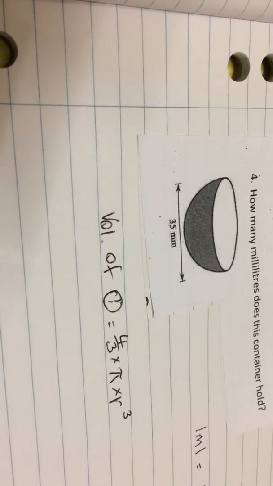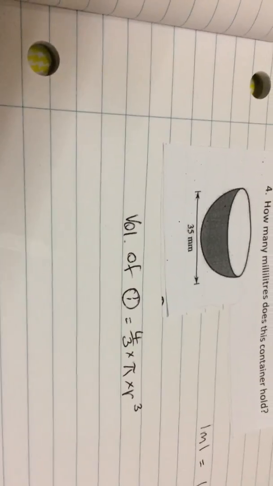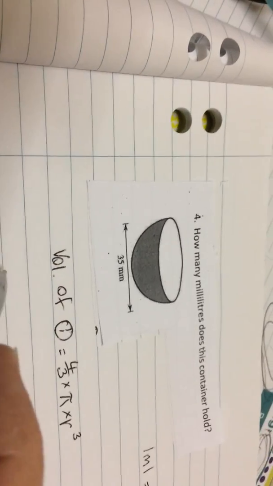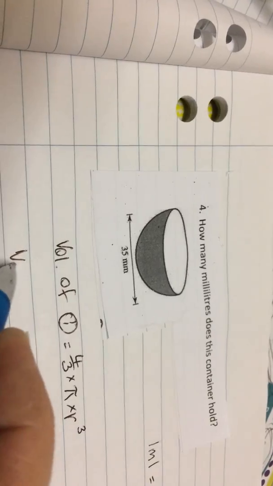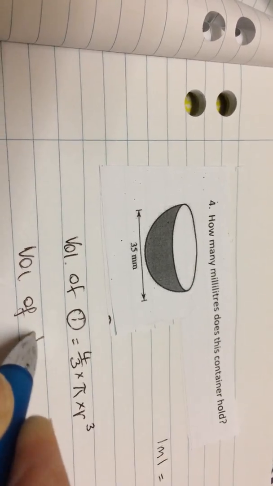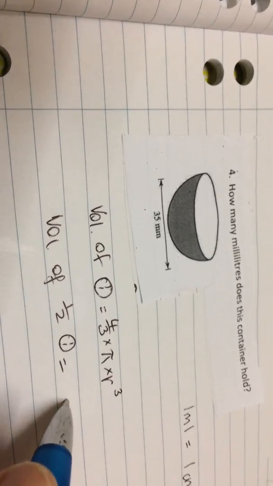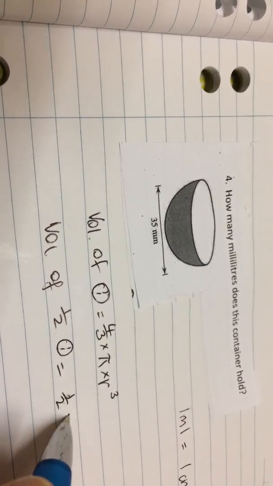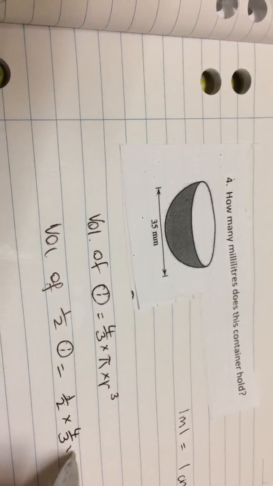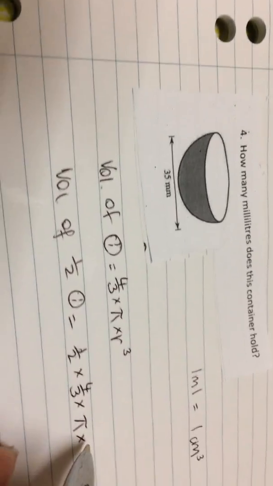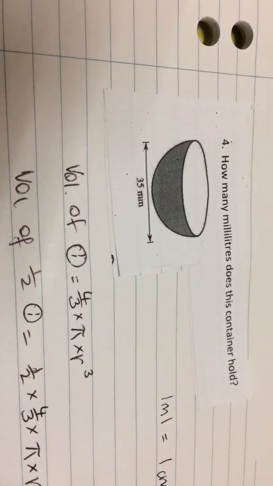Just make sure you've got all your formulas worked out. So we're going to be working out volume of half sphere equals a half times 4/3 times pi times this radius cubed.